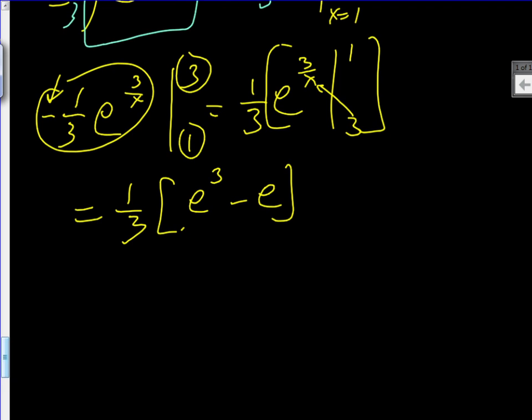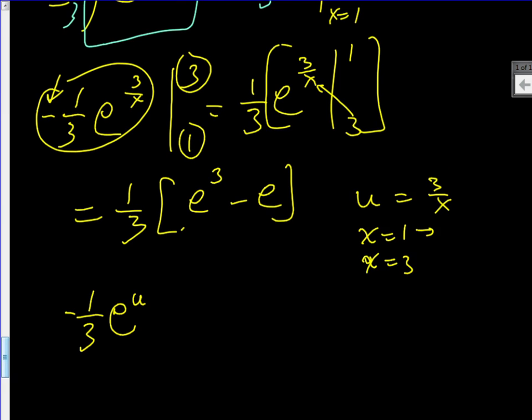The other way was, we had negative 1/3 e to the u. Well, u was 3 over x. Well, the lower limit was x equals 1, and the upper limit was 3. Well, if x is 1, 3 over 1 is 3.